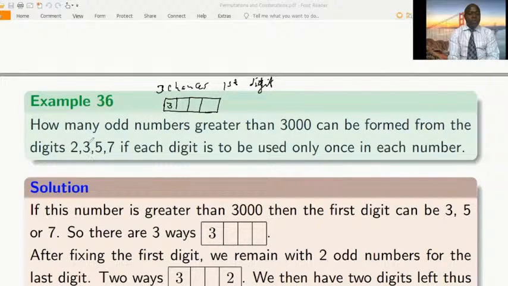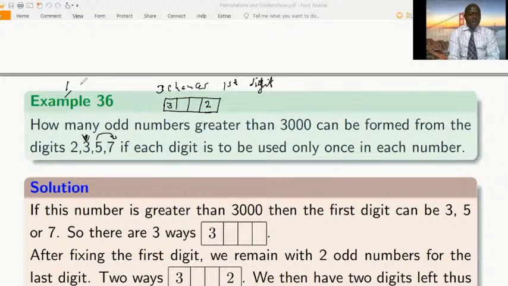Once I fix the first digit, if it's 3, then I have 2 chances for the last digit, because the last digit is supposed to be odd. Since I've already fixed 3, I'm only left with 5 and 7, which are odd. Or if I fix 5 first, I'll be left with 3 and 7. So I have 2 chances for the last digit. Now let me fix the second digit.